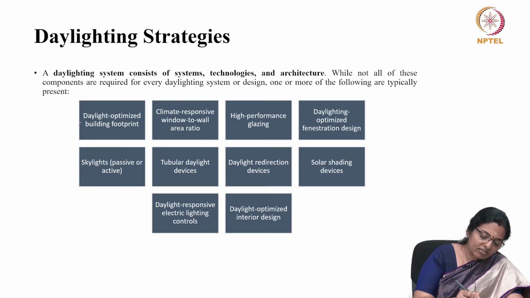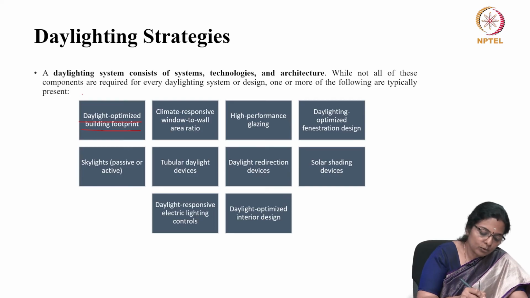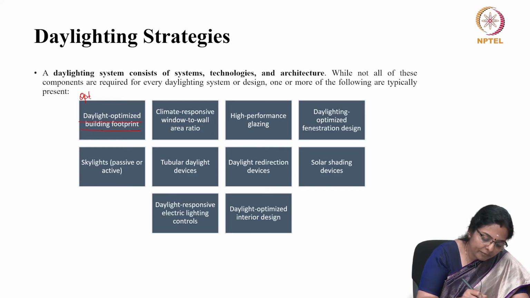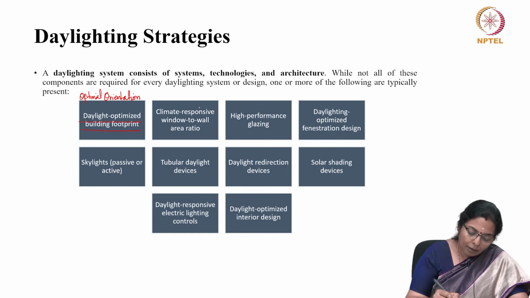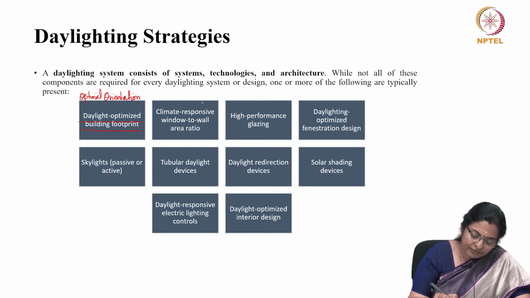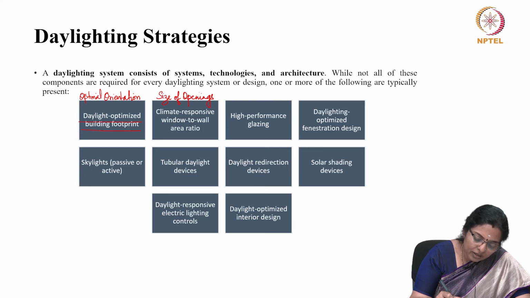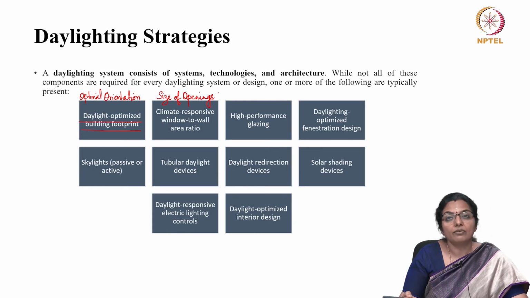So, one can have a daylight optimized building footprint through use of optimal orientation. Building orientation can be made optimal to achieve this. Appropriate climate responsive window to wall ratio. It means the size of openings should be appropriate to allow good amount of lighting inside.